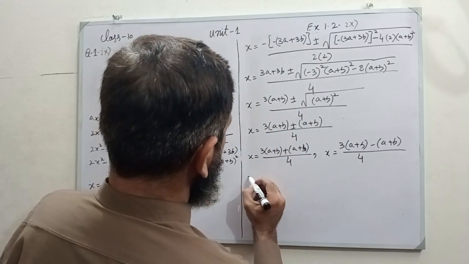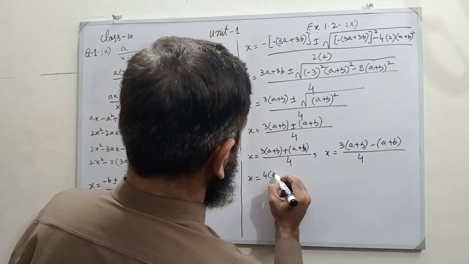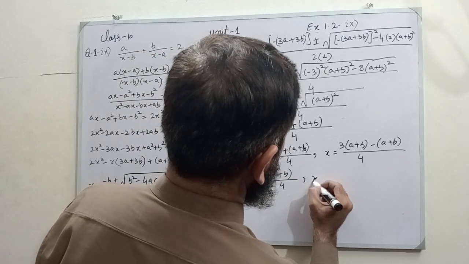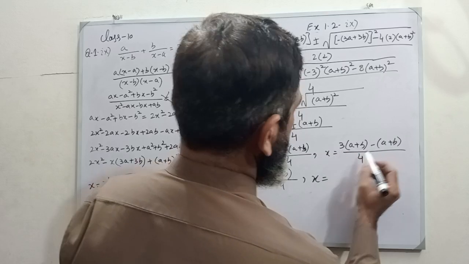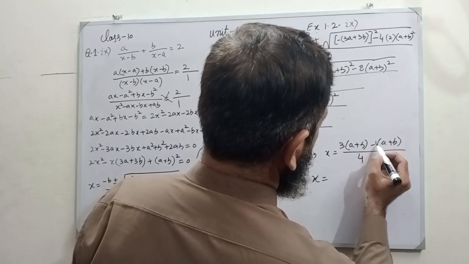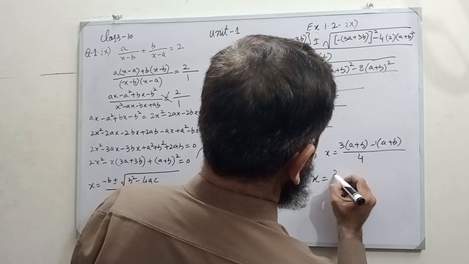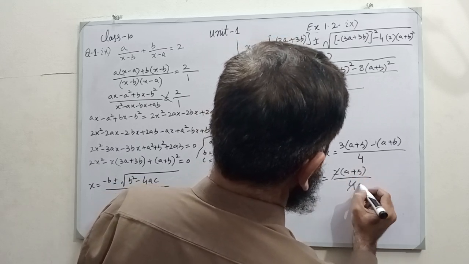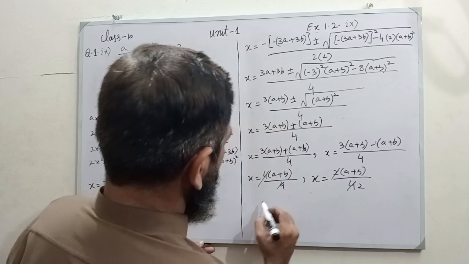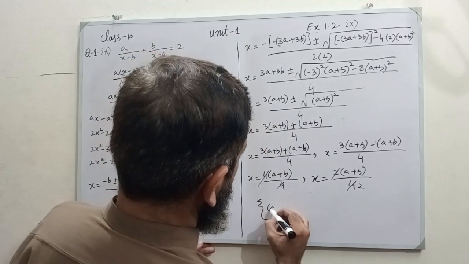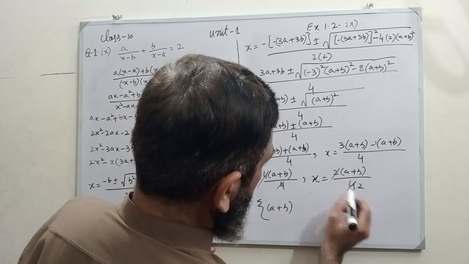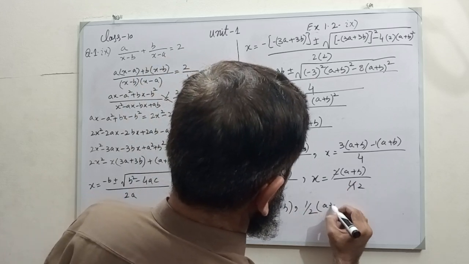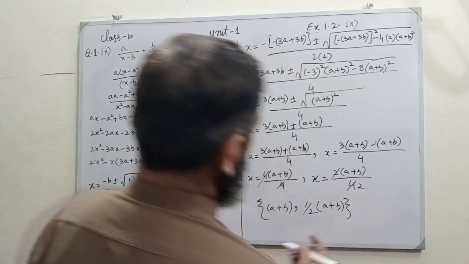This 3 plus 1 is equal to 4 into a plus b over 4, and x is equal to 3 minus 1, which is 2 into a plus b over 4. 2 2s are 4, so this one is a plus b, and we can also write 1 over 2 into a plus b. These are the solution set of this equation.